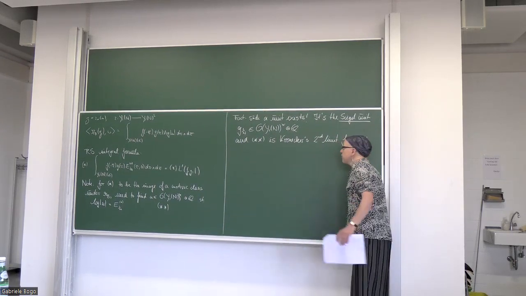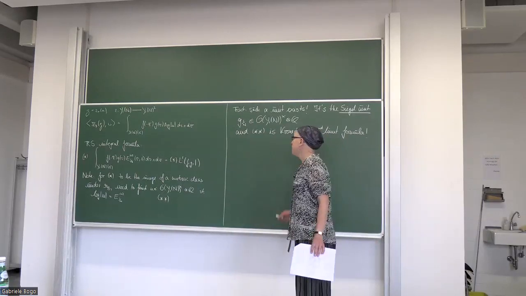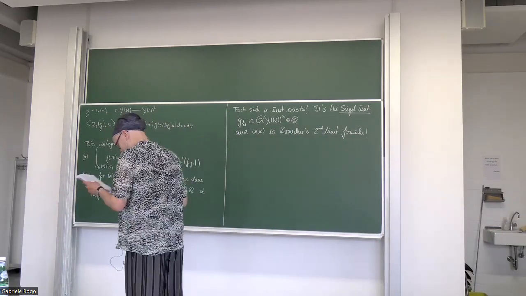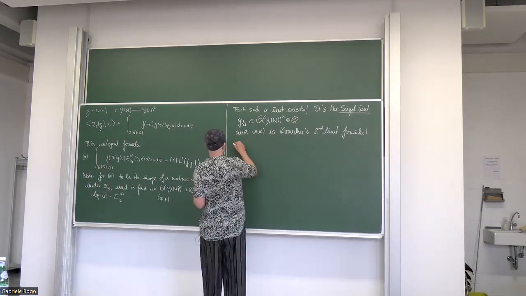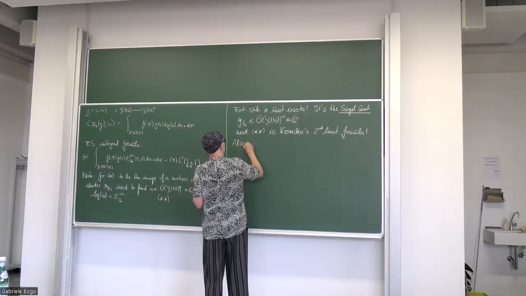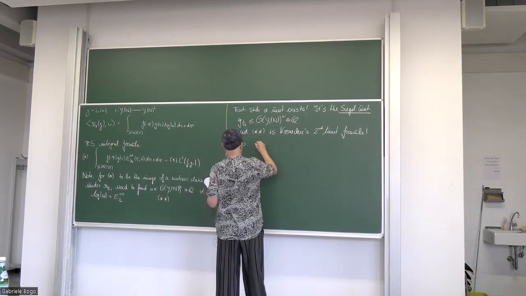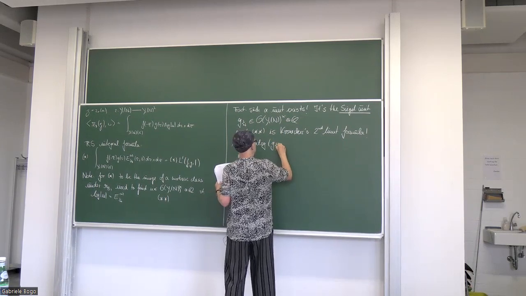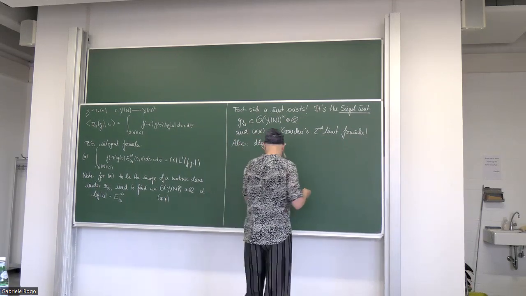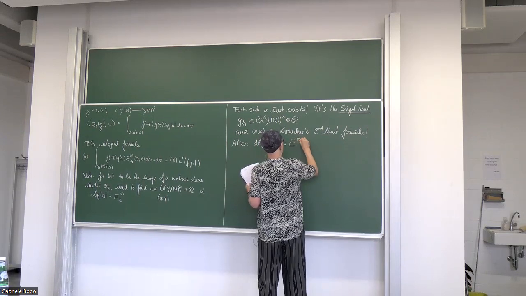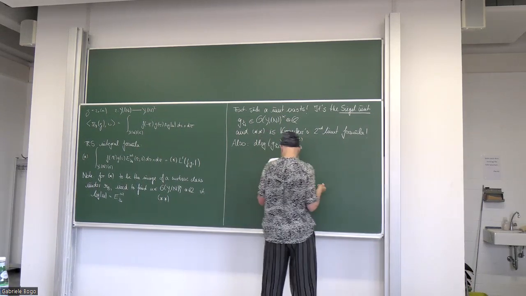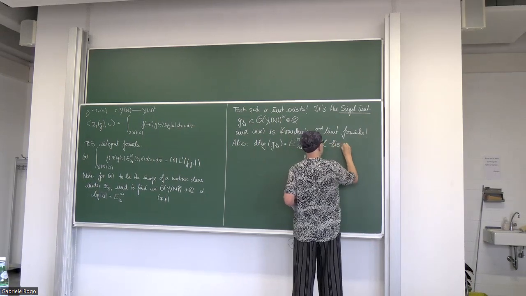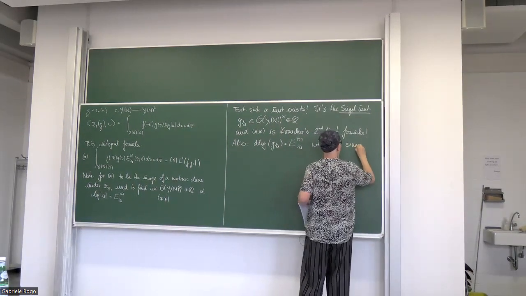I just want to remark that these units are really miraculous objects. For example, if one computes the dlog of the Siegel unit, then this is E2 1 over n, which is a weight 2 Eisenstein series.